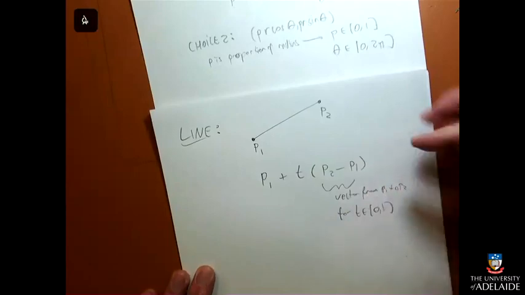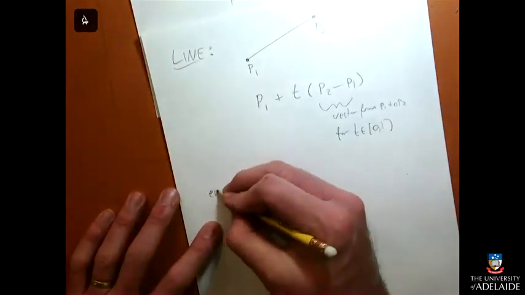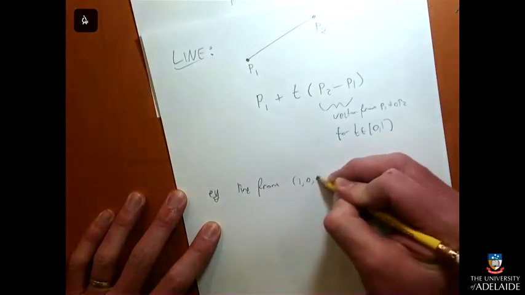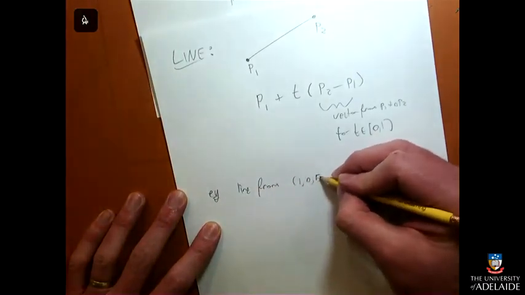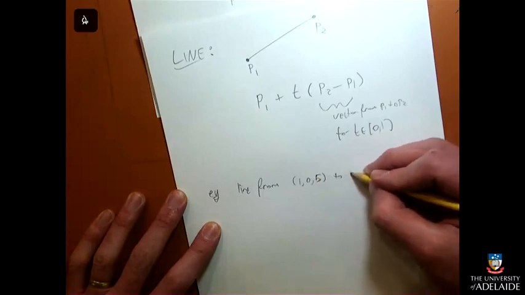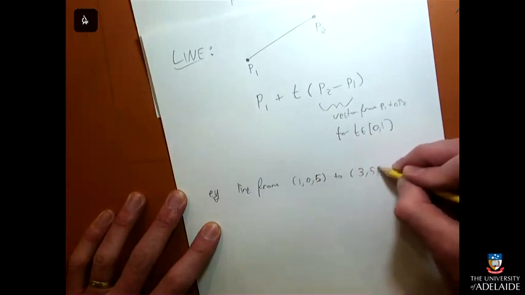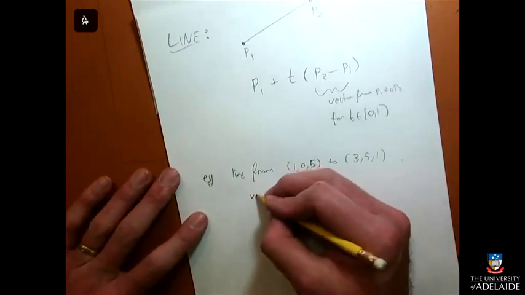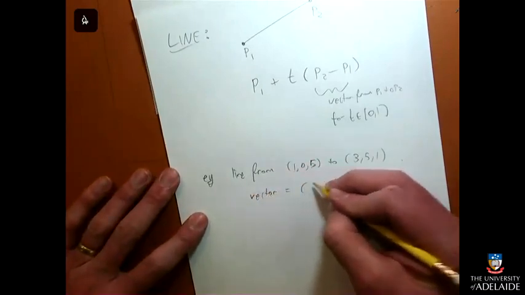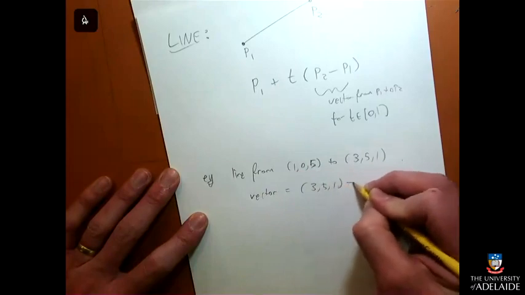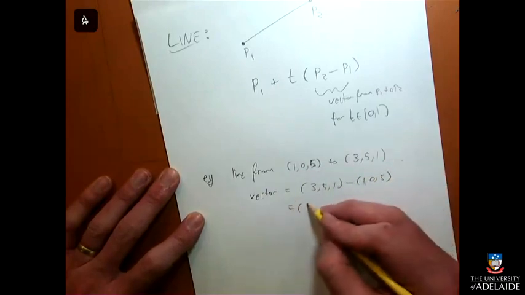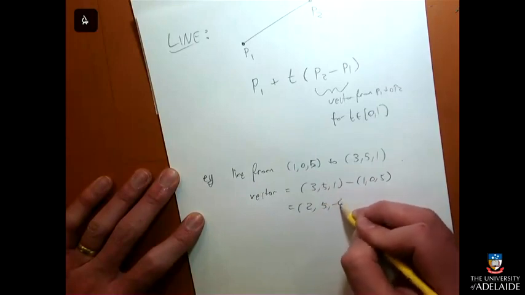I'll do an example of that, right? E.g. line from 1, 0, 5 to 3, 5, 1. So I can say the vector like that, which is 2, 5, minus 4.